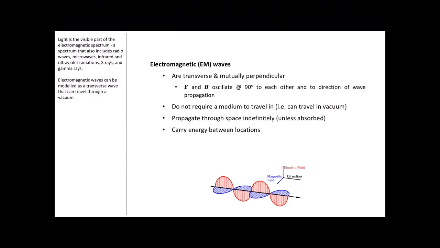So you need to know that electromagnetic waves are transverse and mutually perpendicular. If you recall from some of our other videos, transverse means that the vibration of the wave will travel perpendicularly to the direction of the wave's propagation.